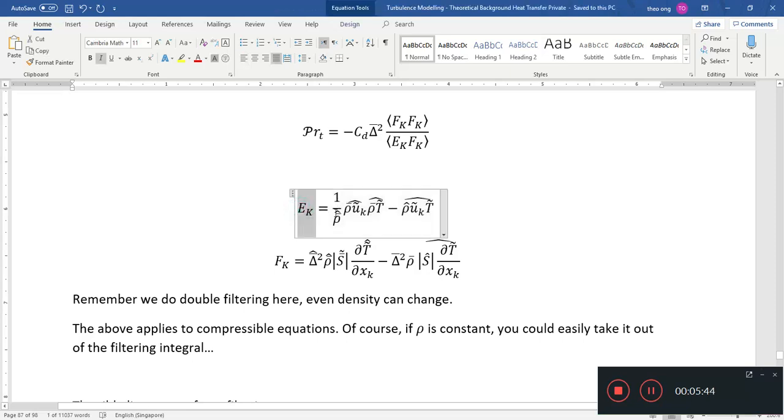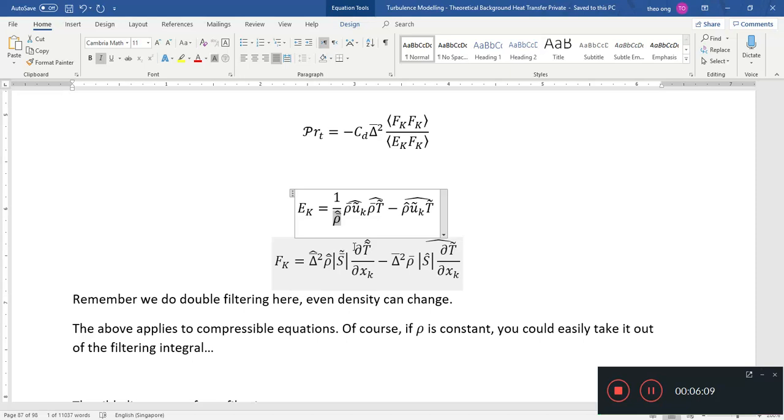So EK is 1 over rho, this is the doubly filtered viscosity. Remember, we need two filters, a test filter and your normal filter. The normal filter is the bar, and the test filter is the hat over here. If you're not sure what a test filter is, please study the dynamic Smagorinsky model. Look at my YouTube videos a few back in my turbulence modeling playlist.